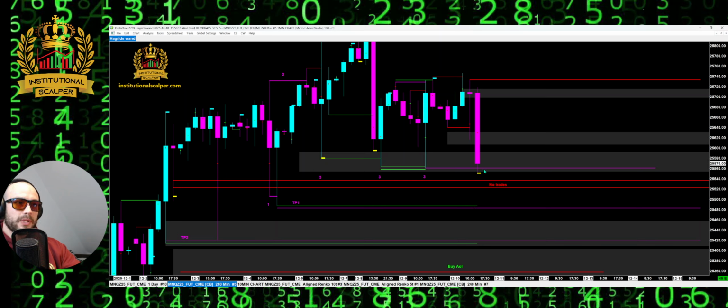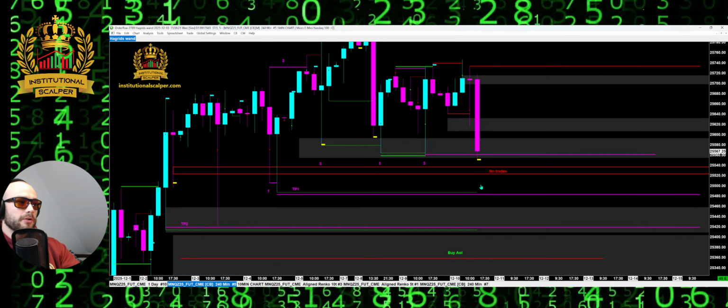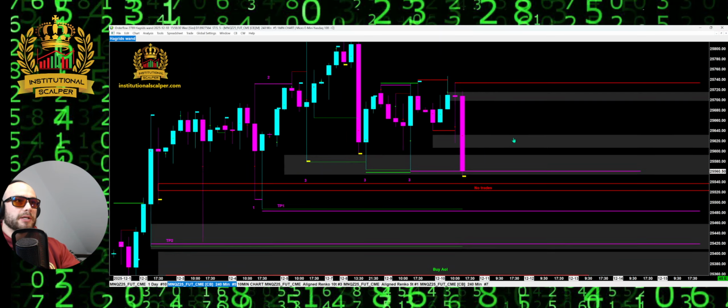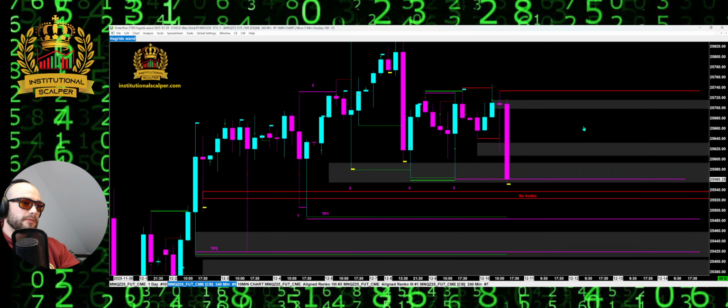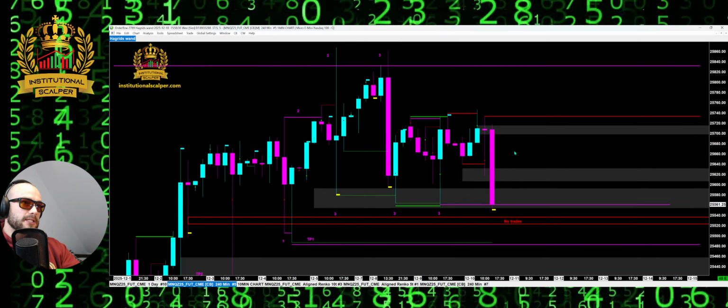So it might be a shallow pullback, it might be a deep pullback, it might be violent, it might not be, because it is sort of against the overall trend. Usually you'll see a violent sell-off, and then buyers just take control again. That's from my experience anyway. So yeah, that's what I see sort of playing out, and that was my bias coming into the session from the word go. I was looking for sells only.